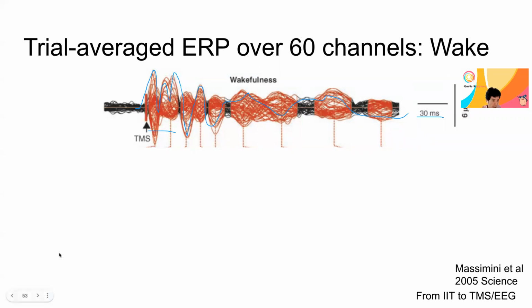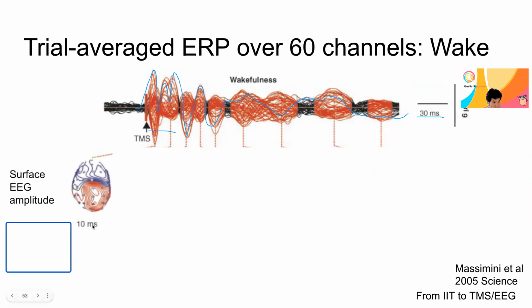If we look at the response at one particular time point, let's say 10 milliseconds here, then across the brain areas, this is representing all the brain electrodes. At the surface EEG level, if you see some kind of positivity here, that corresponds to positivity around these red electrodes, and the negative ones are the ones that are suppressed or going down around the time location of the TMS.